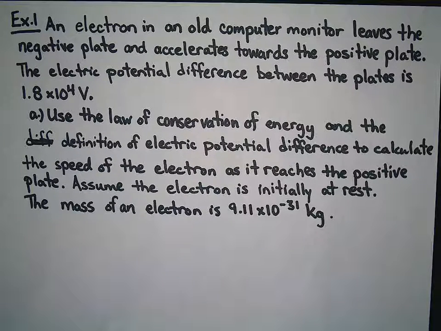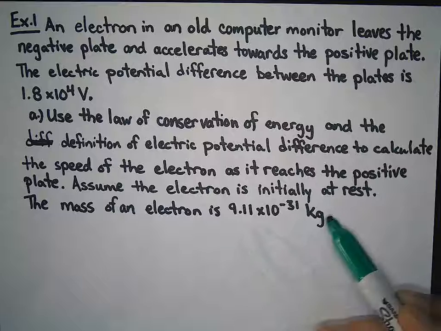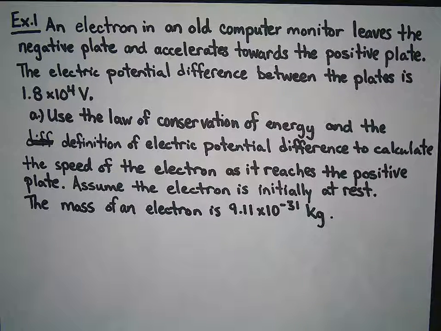And we have electric potential difference between the two plates given to us as 1.8 times 10 to the 4 volts. We can use the law of conservation of energy and the definition of electric potential difference to calculate the speed as it reaches the positive plate. And we shall assume that the electron is initially at rest, and we're given that the mass of an electron is 9.11 times 10 to the negative 31.